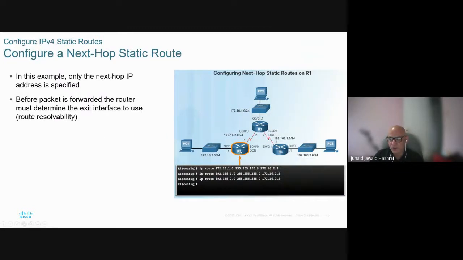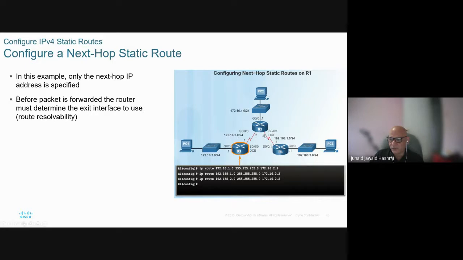Okay, so we are on R1, ip route, and we specify the network that is not directly connected. So it's 172.16.1.0 with the subnet mask 255.255.255.0. And how to get to this network? We get to this network through R2.